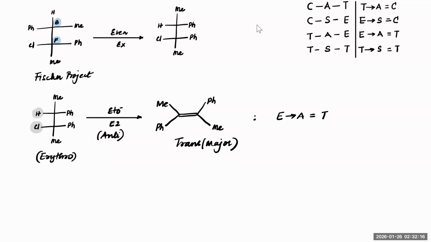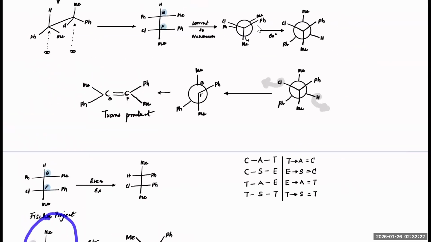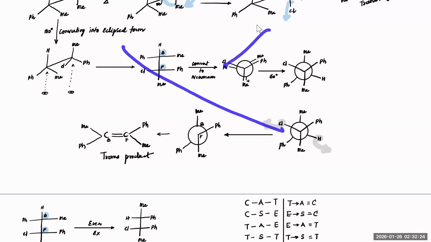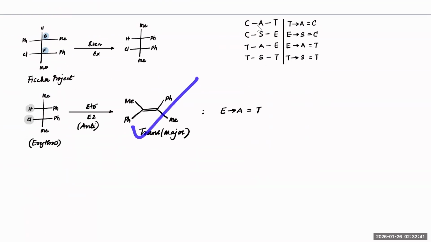Got it? Now, if the Fischer projection is given in the question, then you don't have to go and do all of this. But in case you have been given the Sawhorse projection, you can convert it into a Fischer projection and then avoid going through all of this and directly get these products.